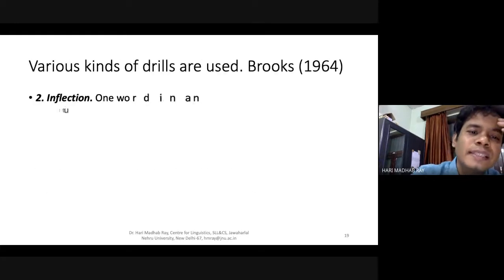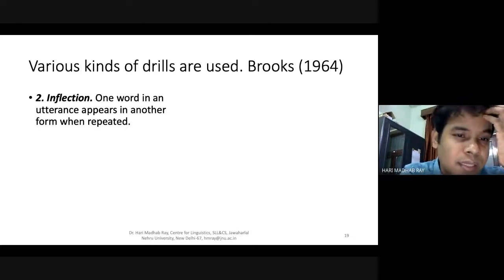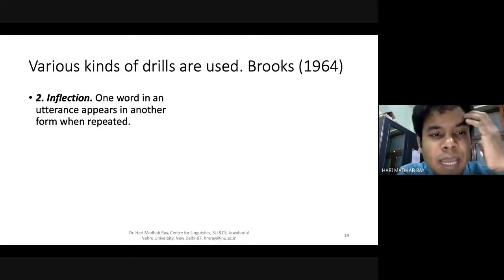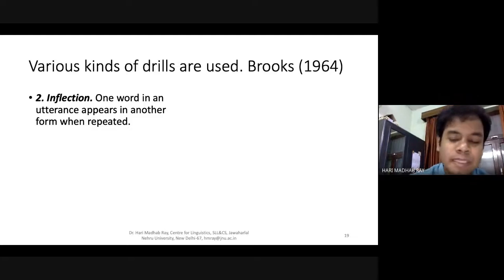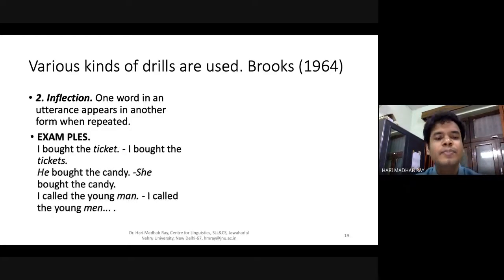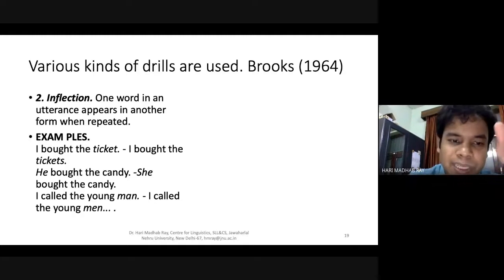Another is inflection. What is inflection? One word in an utterance appears in another form when repeated. Something like "I bought the ticket." If you remember, we were talking about the plural marker here, ticket to tickets.